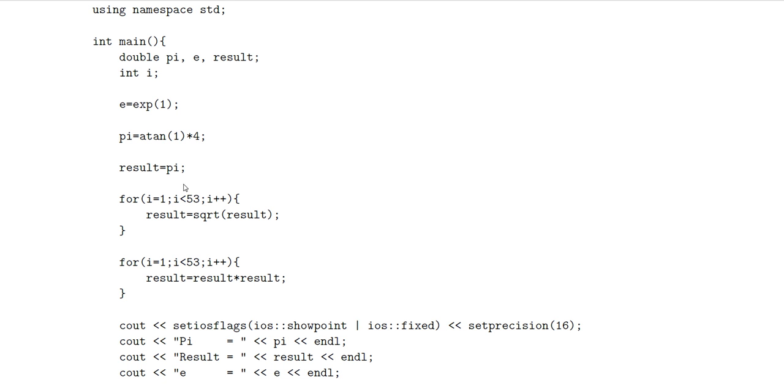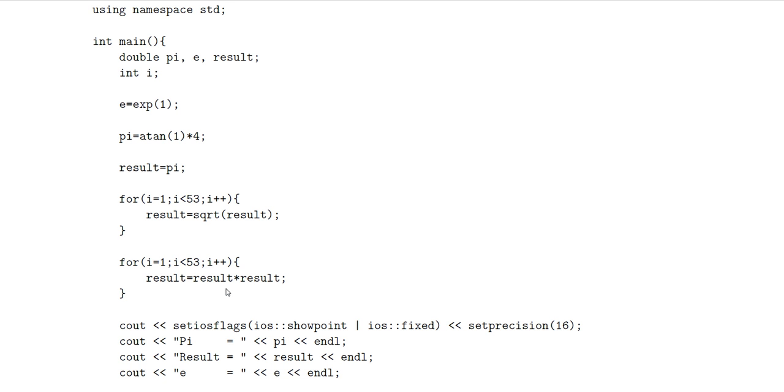So we're just going to take pi, and we're taking 52 square roots. And then we're going to take the same thing here, and I do 52, so you'll notice it's the exact same number of iterations, and result is going to be result squared. So I did 52 square roots, now I'm doing 52 squares.